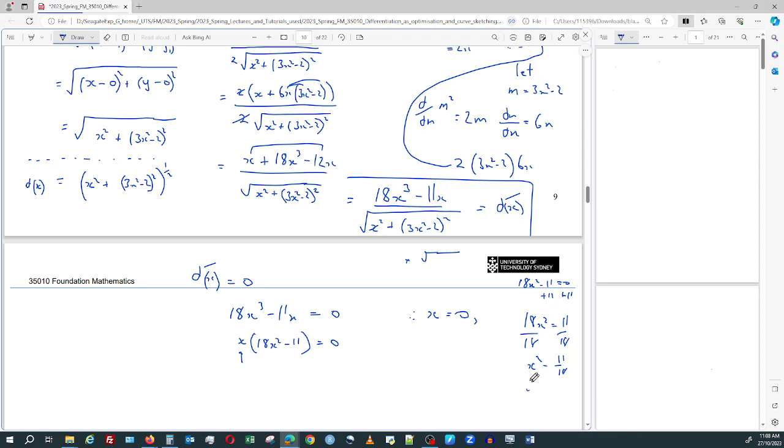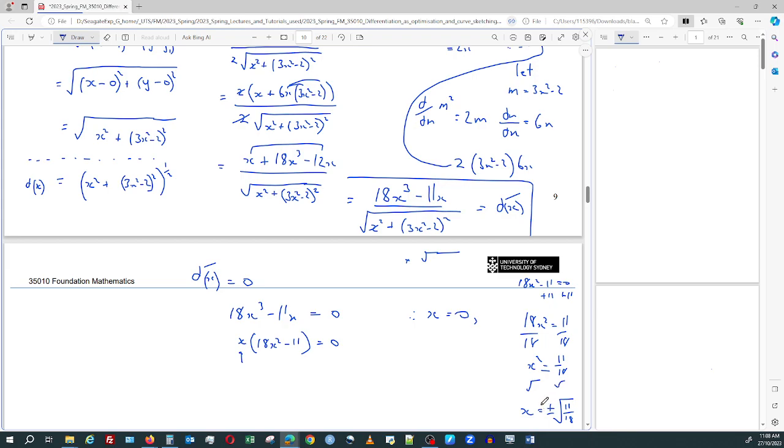And so we know we undo on both sides. So we get x is equal to plus or minus the square root of 11 over 18. So at those points we're going to have mins.